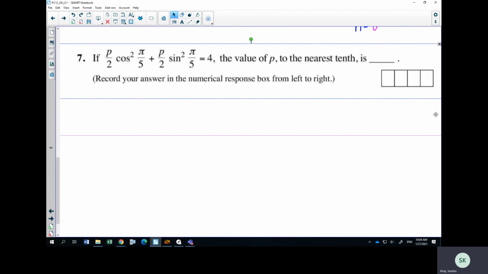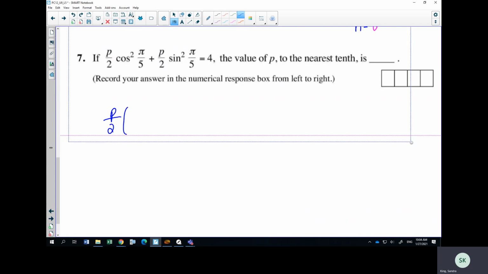So let's factor out p over 2. What we would get if we factor out the p over 2 is cos squared of pi over 5 plus sine squared of pi over 5 is equal to 4.